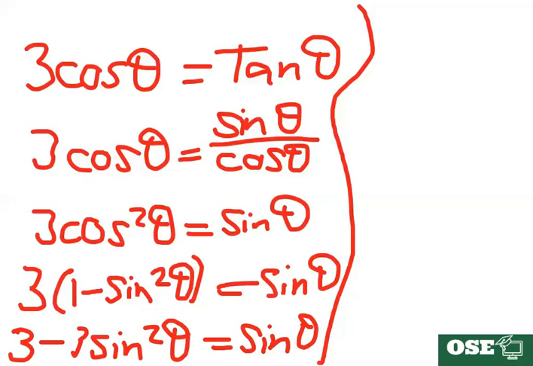So I bring sine theta to the other side. Basically, that's what you're saying. Yes, ma'am. So we're going to have minus 3 sine theta minus sine theta plus 3.